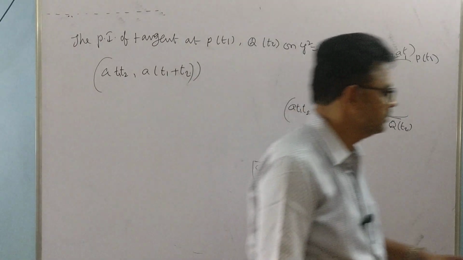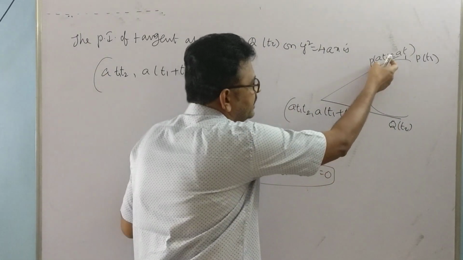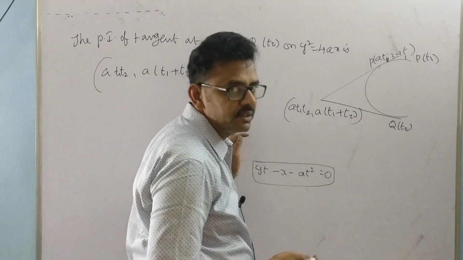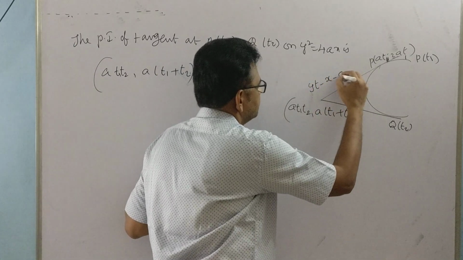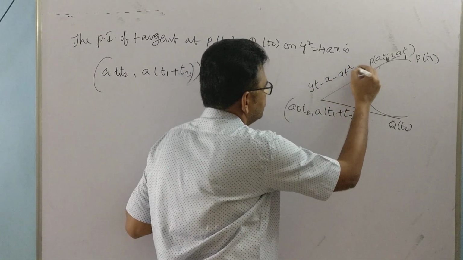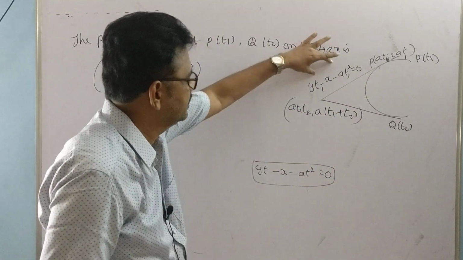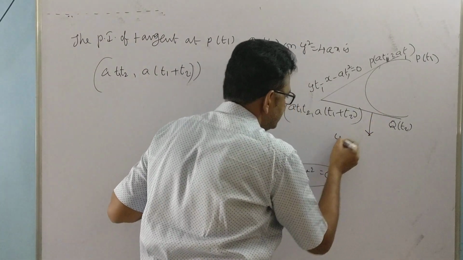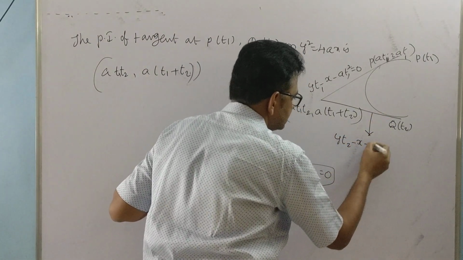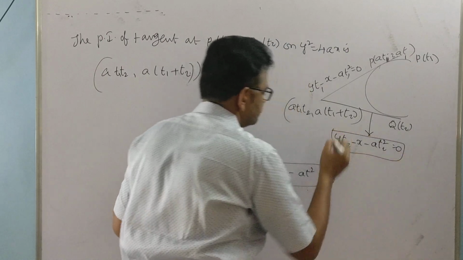Now how to get this point of intersection? At the point P, t1, what is the equation of tangent? y t1 minus x minus a t1 square equal to 0. Now the equation of tangent at the point t2 is y t2 minus x minus a t2 square equal to 0.